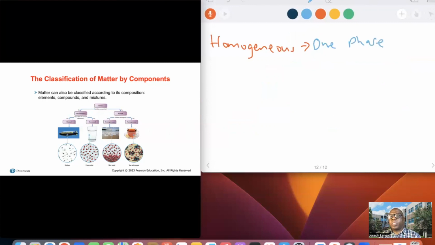For example, dissolving table salt, sodium chloride, in H2O, you'll only see liquid. You will not see two layers. That is what I meant by phase here. So if I have NaCl plus H2O, it will form a homogeneous mixture. Alcohol and water is also homogeneous. Compared to hetero, you have to see this homo for one.